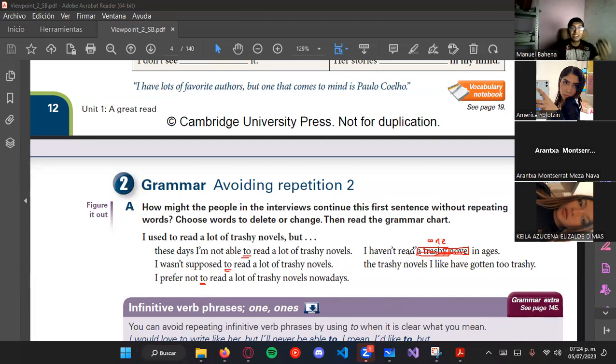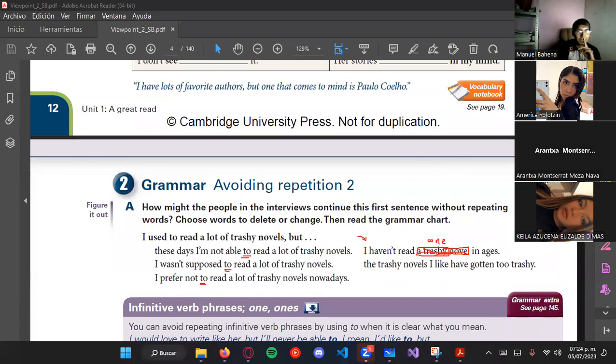There's not an infinitive form here. No hay una forma en infinitivo aquí. There's not a two. No está esta palabrita, el two, que ahorita vamos a verlo on our grammar chart. Why is it important? ¿Por qué es importante? We'll see it in a second. Vamos a ver en un momentito. So, perfect. And now let's go with our last one.